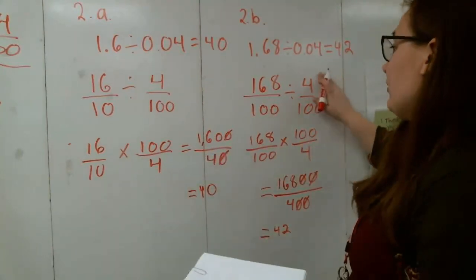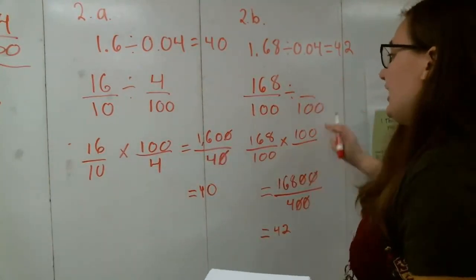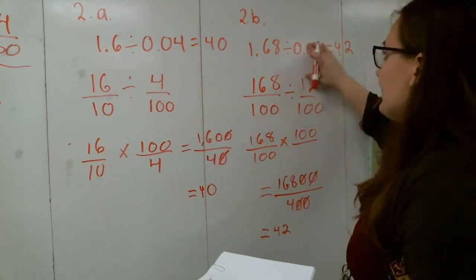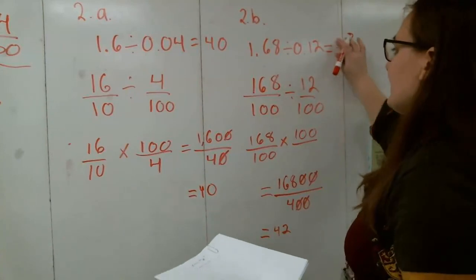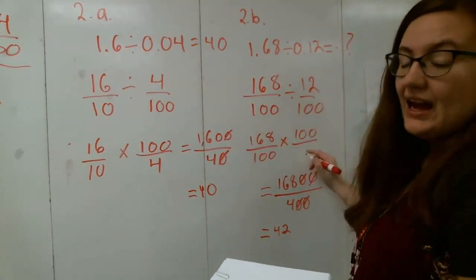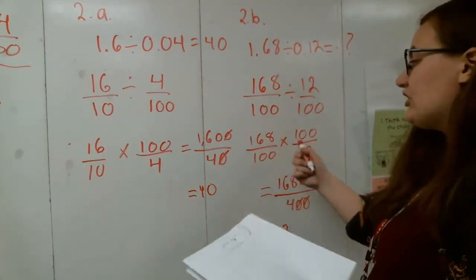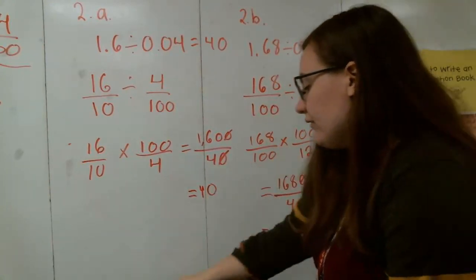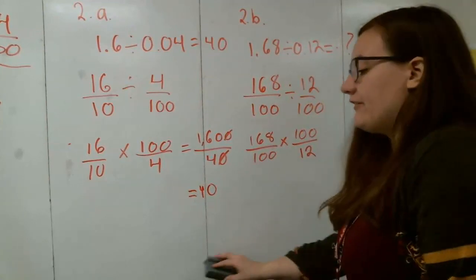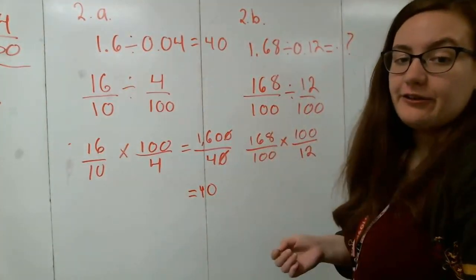So basically, the only part that is really going to change in your problem is you'll write your problem like this instead. And then when you go to multiply, you should have 168 times 100 and then 100 times 12. And then you'll have to figure out how everything gets multiplied from there.